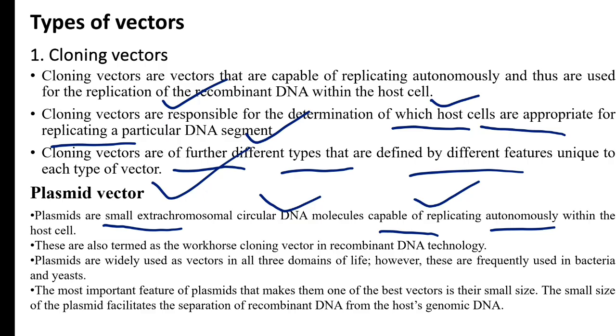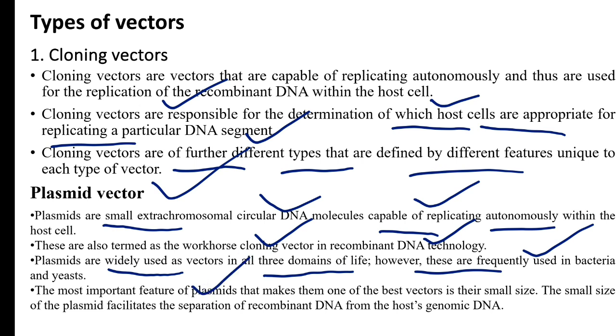These are termed the workhorse cloning vector in recombinant DNA technology. Plasmids are widely used as vectors in the three domains of life. That means they can be used for prokaryotes, archaebacteria and eukaryotes. However, these are frequently used in bacteria and yeast.